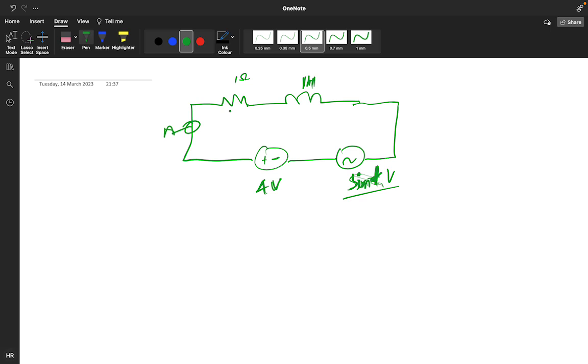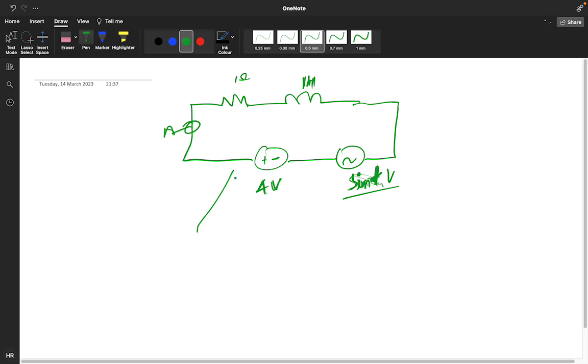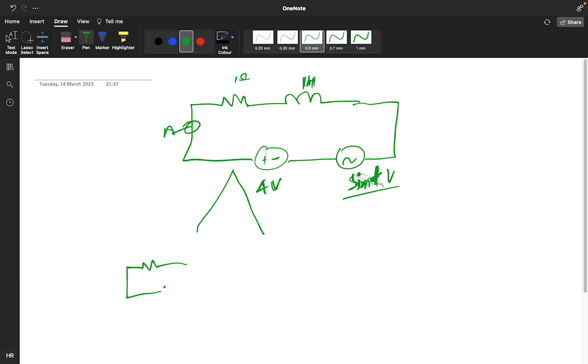See, for finding this kind of thing, we divide the circuit into two parts. First, this is your positive negative and you short circuit this sine source. This is 1 Henry, 1 ohm.